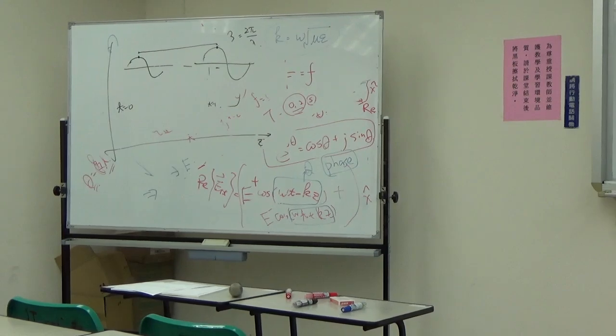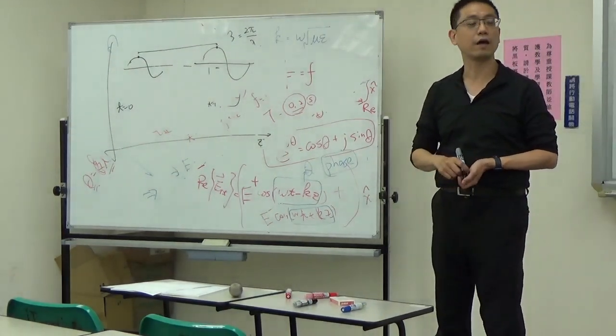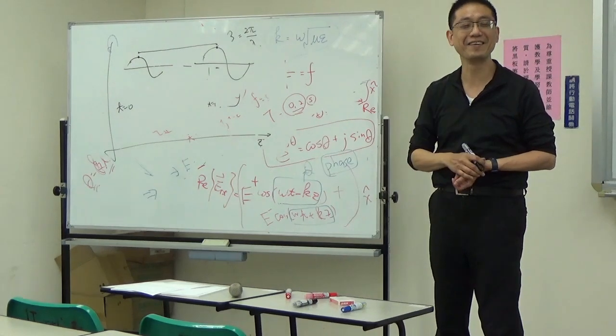C is 3 times 10 to the power 8, the speed of light. So we derive that when your wave propagates in the air, the phase velocity of your wave is the same as the speed of light. You just put this number in, you get 3 times 10 to the power 8, the speed of light. 光速. You got it? Right? Okay.